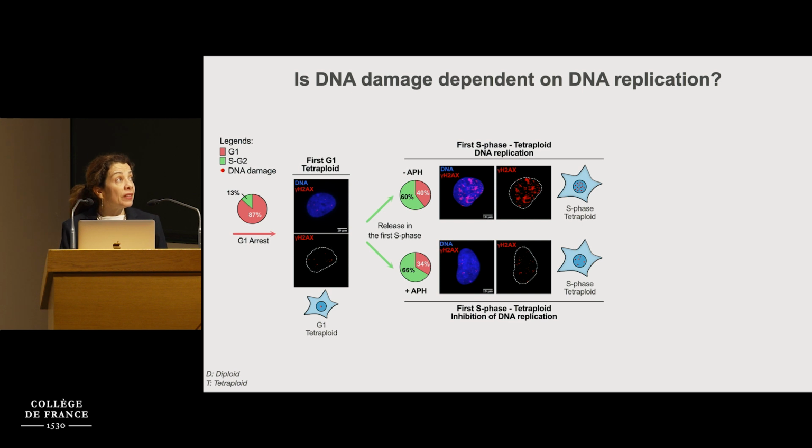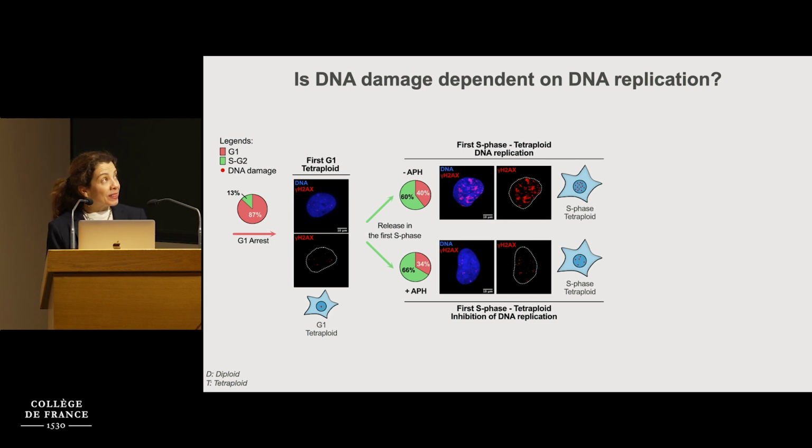And indeed, it seems to be the case because if we use very, very low doses of aphidicolin so that cells are in S phase with a biochemical environment of S phase, but forks are progressing very slowly, we decrease the levels of gamma H2AX.